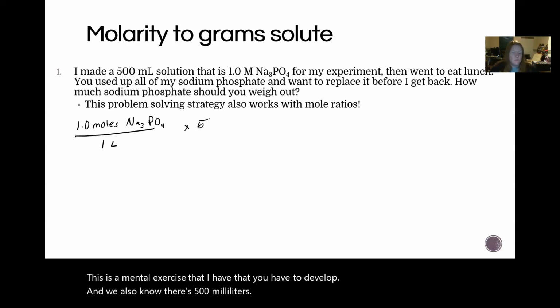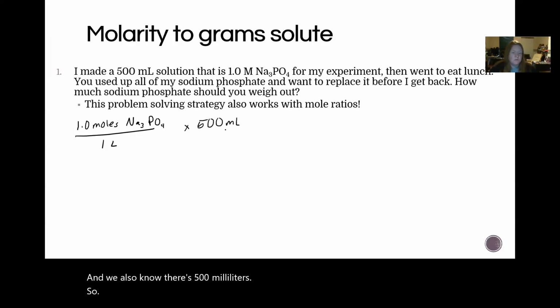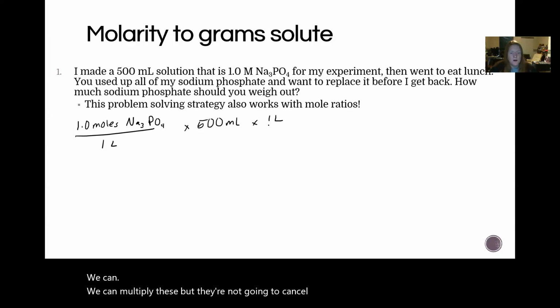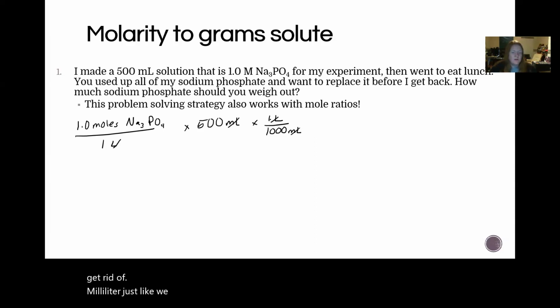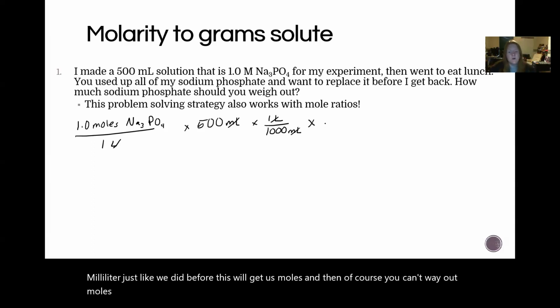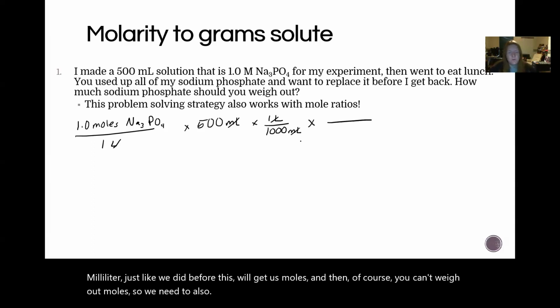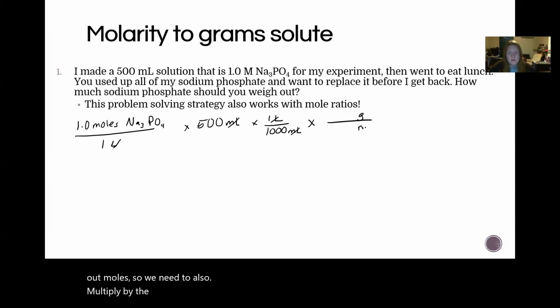So we can multiply these, but they're not going to cancel. So I'll also have to do a conversion to get rid of milliliter, just like we did before. This will get us moles. And then, of course, you can't weigh out moles. So we need to also multiply by the molar mass so we can cancel the moles.